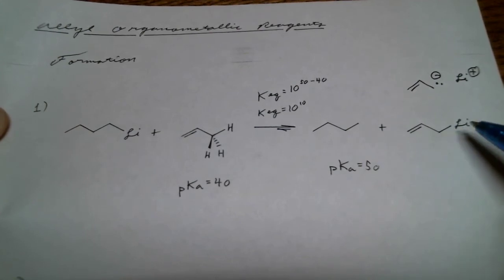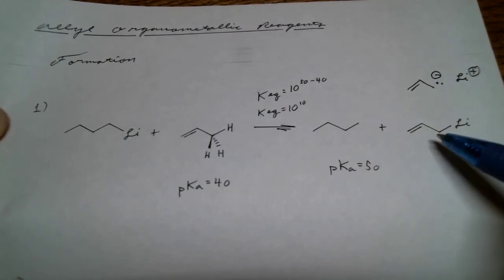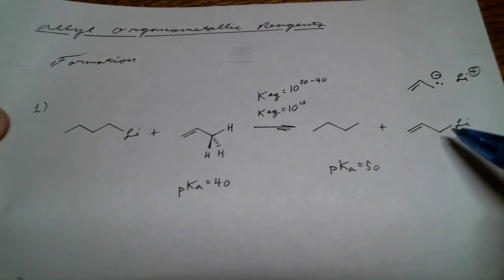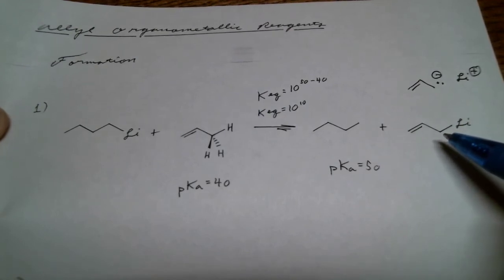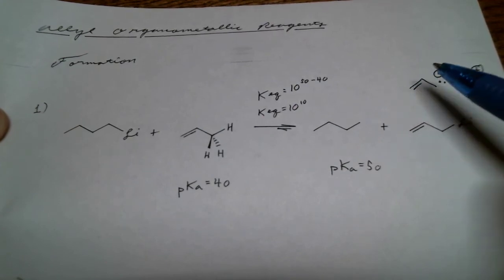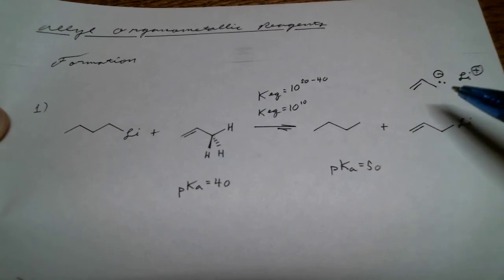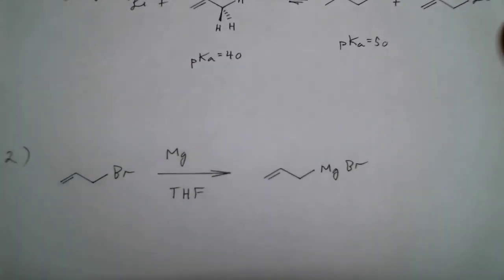Another way we might represent allyl lithium, instead of a covalent bond between carbon and lithium, which we know to be polarized, such that the more electronegative atom carbon dominates in terms of possessing the electrons in that bond, is drawing it out in an ionic sense. Here we've got an allyl anion and a lithium formal cation. The truth is somewhere in between this.